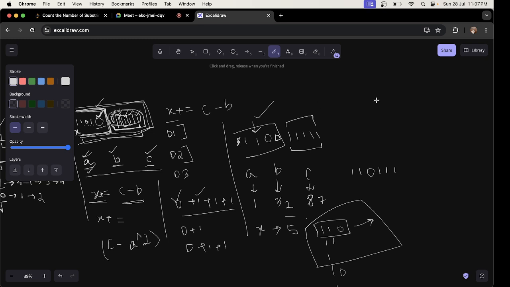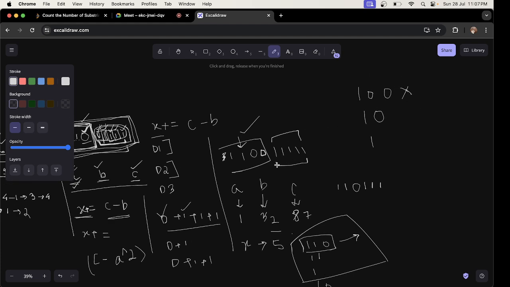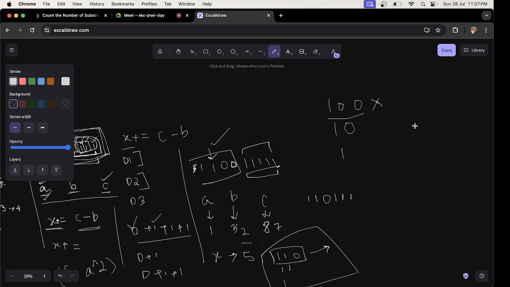So what will be the substrings generally? It will be 1 0 1 and 1 0 0. So the first one is not dominant. If I want to add ones at the end of this substring and make it dominant, how can I do that?